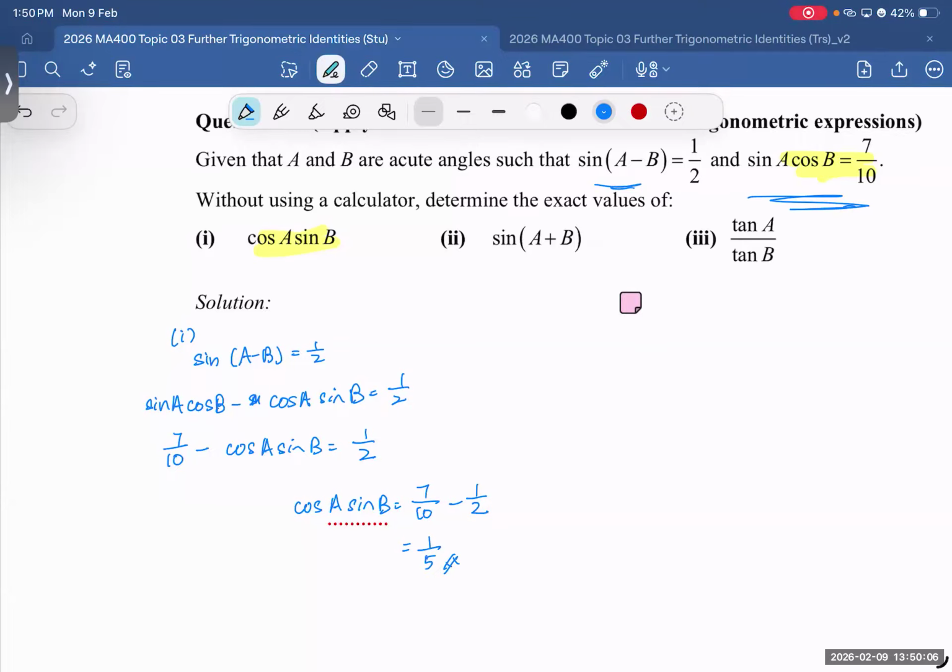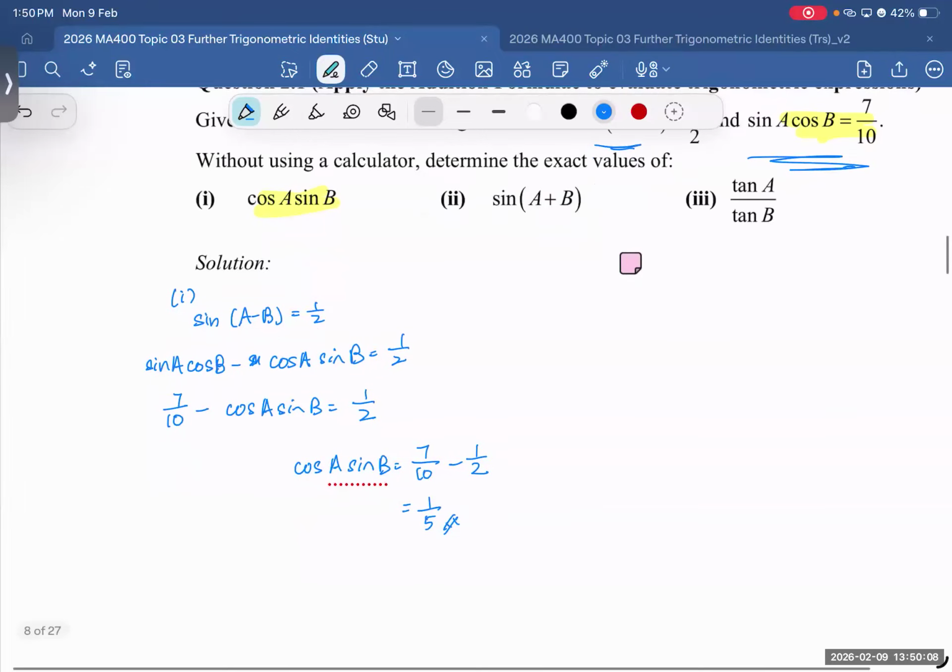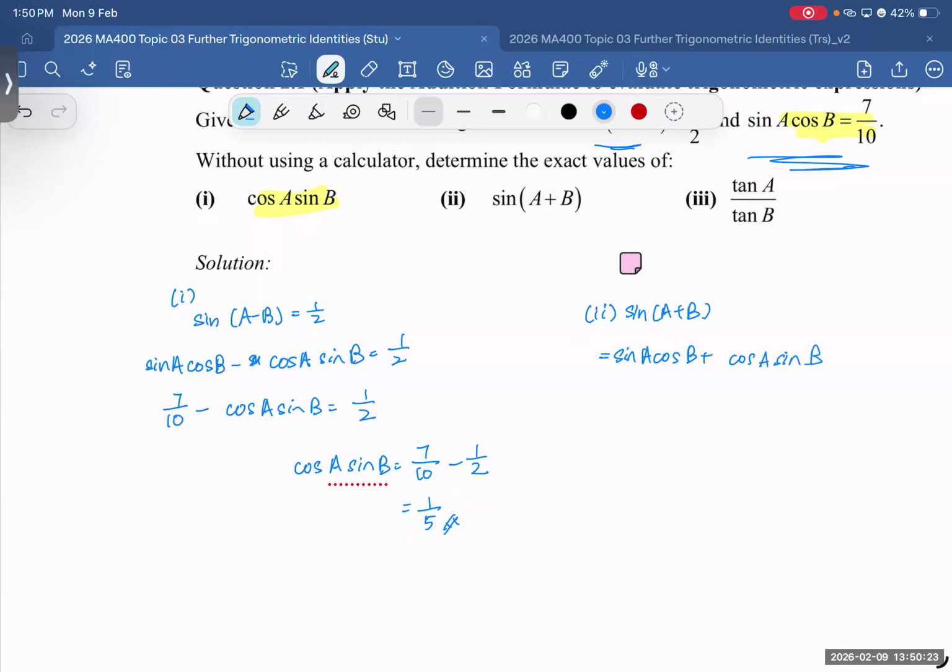Okay, yes, go ahead. Part 2, this is sine A plus B by formula. This is sine A cos B plus cos A sine B. Don't worry, if you are not at this question, you don't want to pay attention, it's fine.